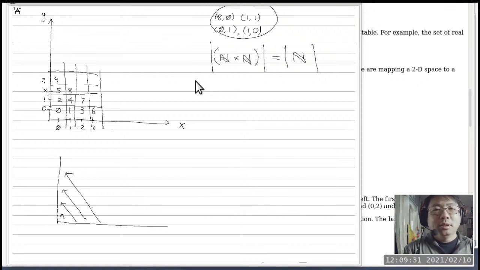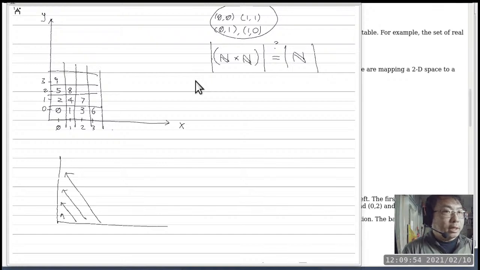Because what I really want to do is to see if this is actually an equality. Can I establish the equality between the cardinality of the Cartesian product of natural numbers with itself versus the cardinality of just natural numbers? That's what I want to establish.